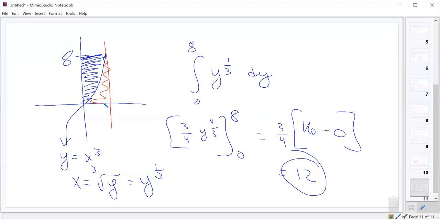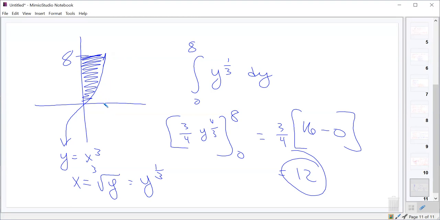So from 2 here, we would do 2 minus y to the 1/3, and that would give us this region. We wouldn't want to do that because we could do it just in terms of x easily enough with x cubed. But does that make sense? People at home, how do you feel about that? Good. Everyone good?